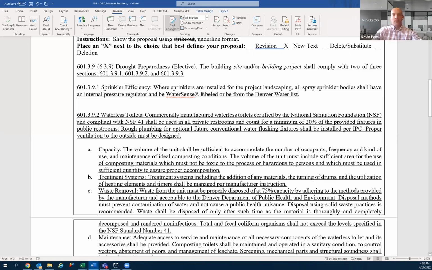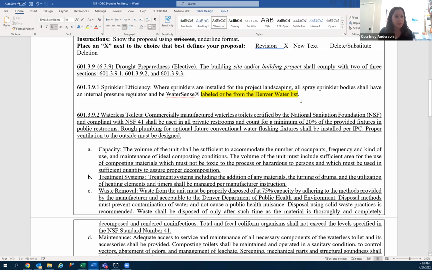Okay, for the time being, until we can get that pulled up, did I capture what you're trying to say, Courtney, on the screen? Yeah, that captures the intent. I would also want to add in the waterless urinal option from language from our previous proposal.